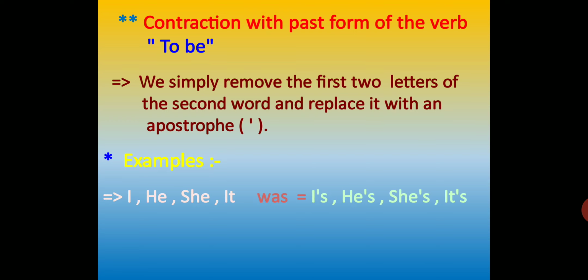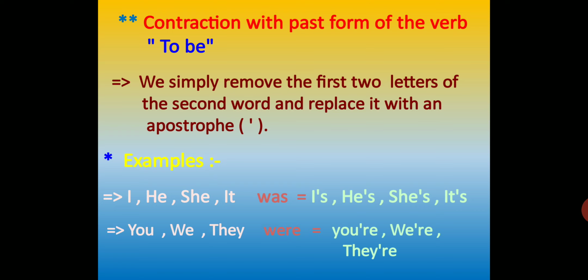We use was with I, he, she and it. I was, he was, she was and it was. Right? What will be the short form of it? I's, he's, she's, it's. It will be the same as when we use is with he, she and it.